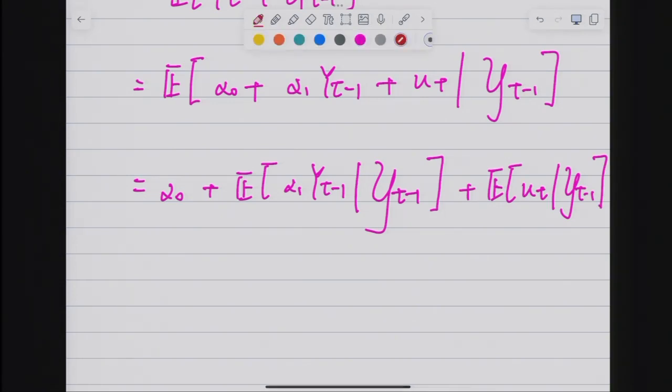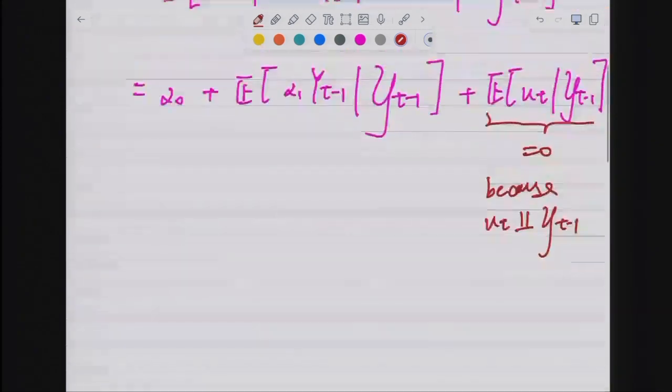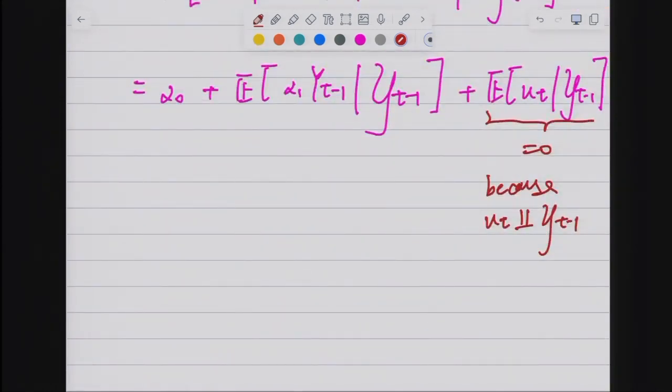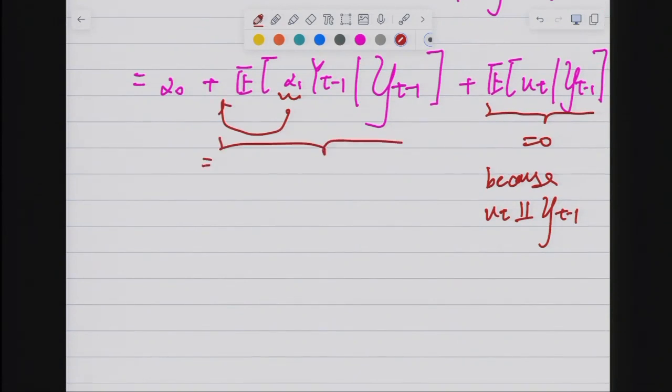The last term is essentially 0 because u_t is independent of Y_{t-1}. Given independence, the best we can predict about u_t given the past is, of course, 0 because there exists no relationship between them. Now, for the middle term, first of all, alpha 1 is constant. Just take it out, okay? So the middle term is equal to alpha 1 times the conditional expectation of Y_{t-1} given all past history.